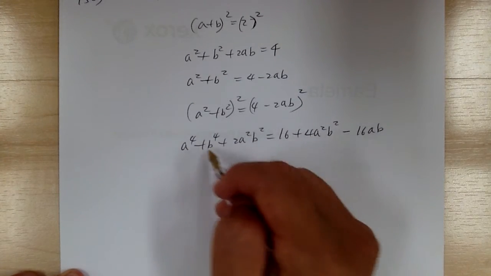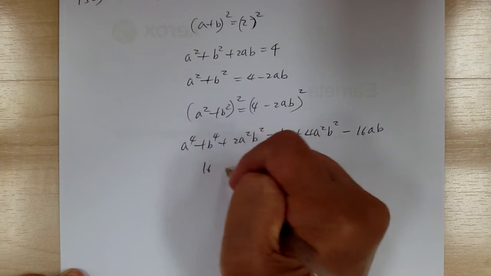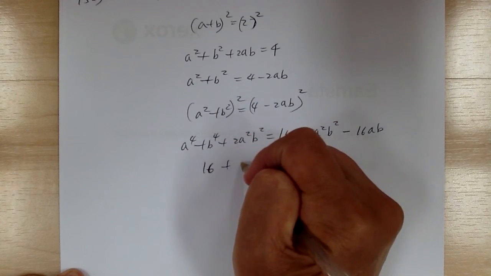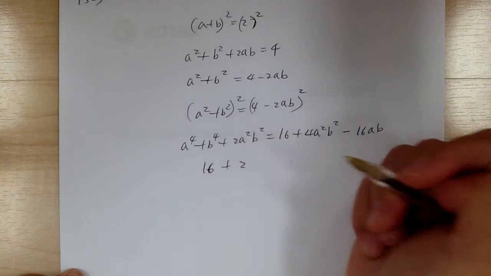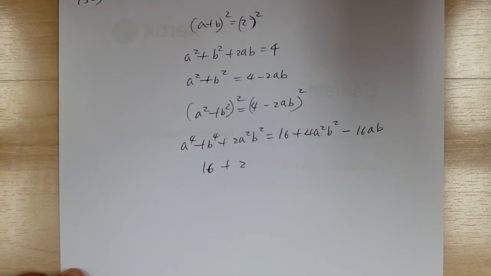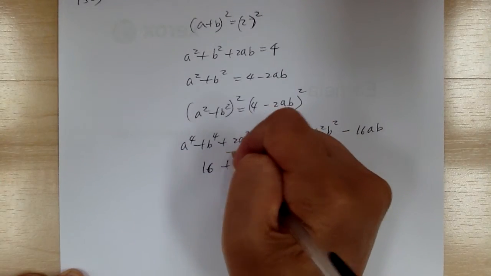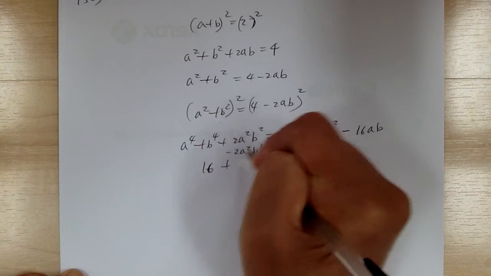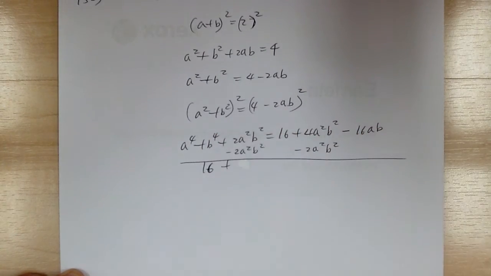Okay, so this part over here, we know that this is equal to 16. So you got 16 plus 2a squared b squared minus 16ab. This one, I'm going to move this over, minus 2a squared b squared.